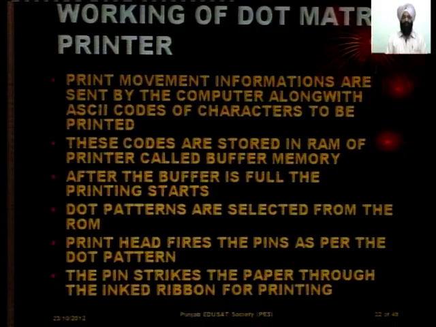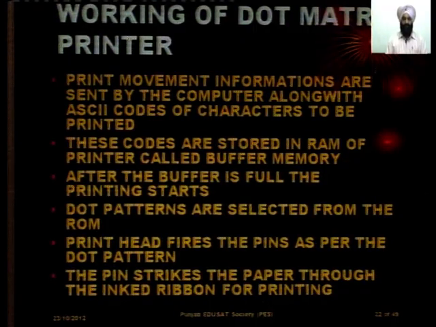As we have seen, when any character like capital H has to be printed, then 7 pins of the first column, 7 pins of the fifth column, and then the fourth pin of the second, third and fourth columns are printed and they strike the paper.